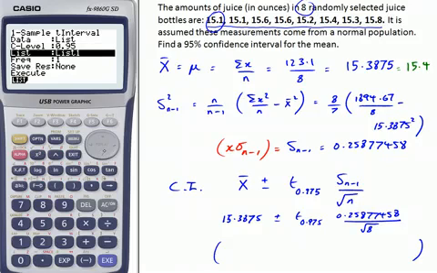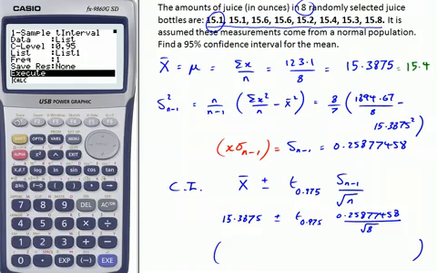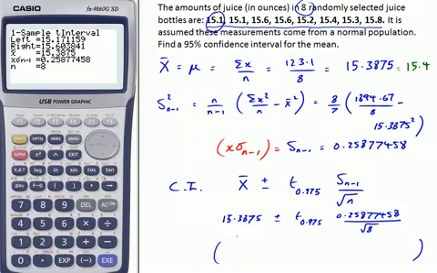Our data is in list 1, and each of the values occurs with a frequency of 1. That's fine. And we just now need to calculate. Confidence interval is therefore from 15.2, that's 3 significant figures, to 15.6, taken straight from our calculator.